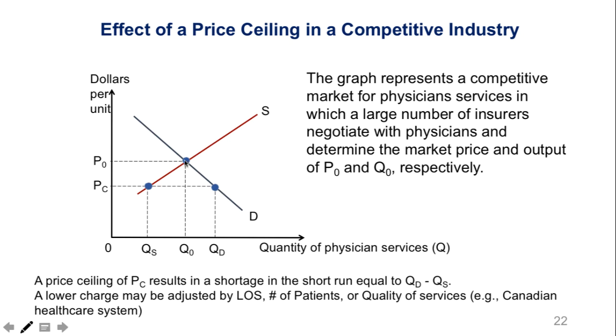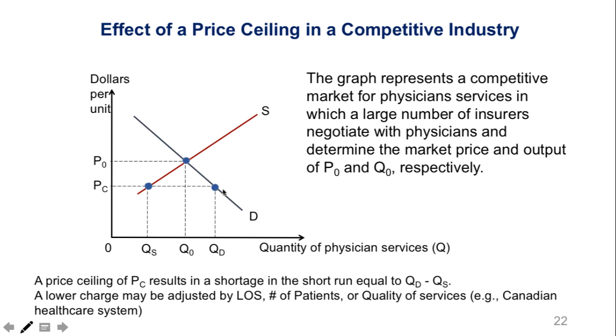Now, suppose that government imposes a price ceiling which is lower than the perfectly competitive price. So the price ceiling here, PC, is lower than the equilibrium price.